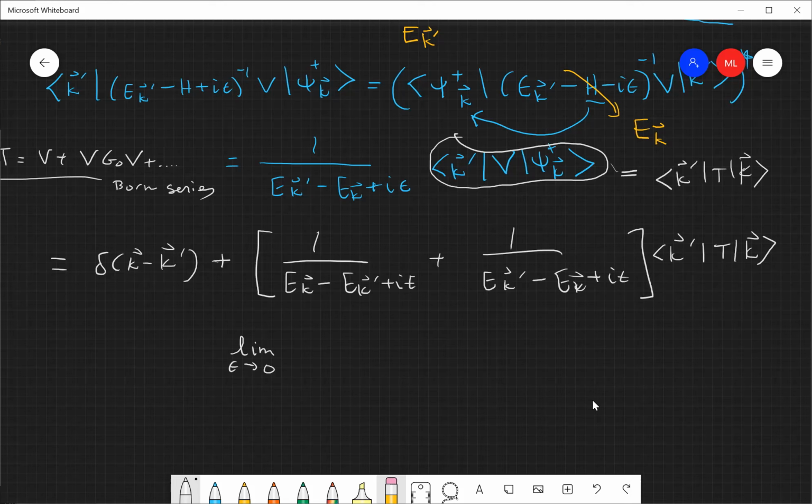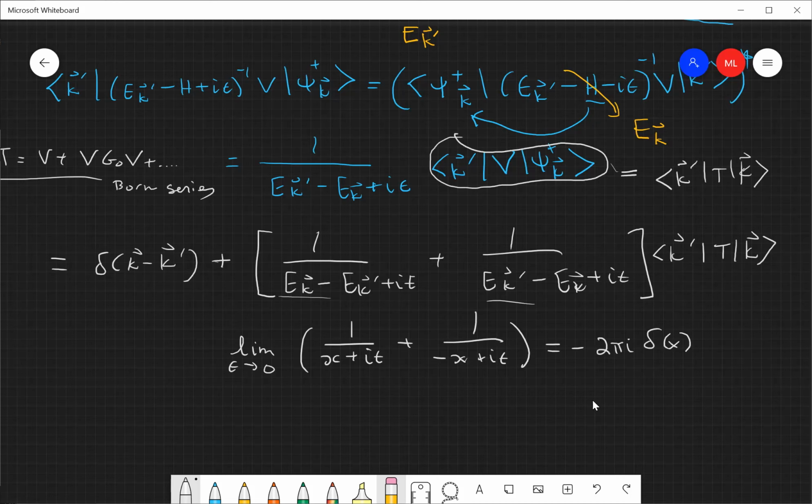And in this case, nothing is blowing up per se unless this factor is equal to this factor. In fact, in the limit that epsilon goes to 0, you can show that 1 over x plus i epsilon plus 1 over minus x plus i epsilon is equal to minus 2 pi i times delta function of x.